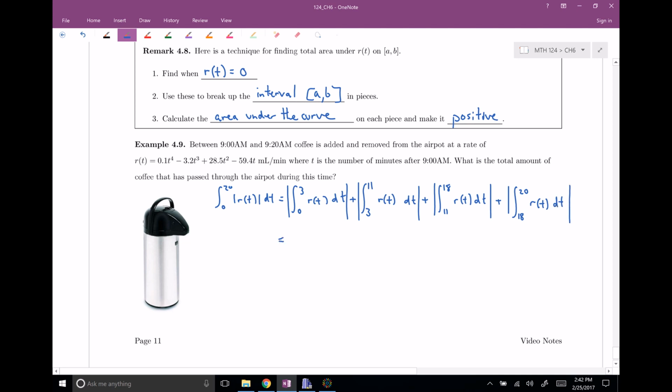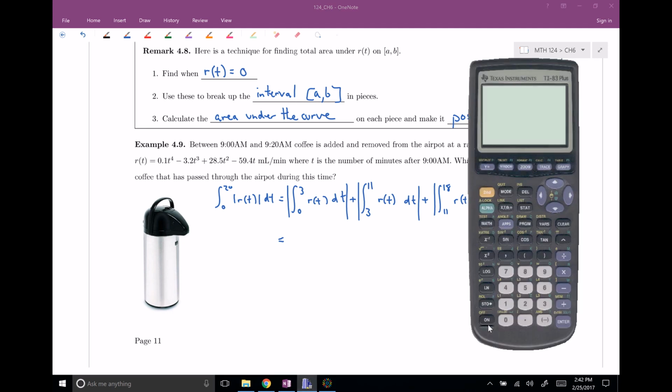Okay, so let's go ahead and do that with our regular old calculator. It's pretty good at these things. So I'm going to go ahead into math, fnInt is my friend. And I'm going to plug in this function here.